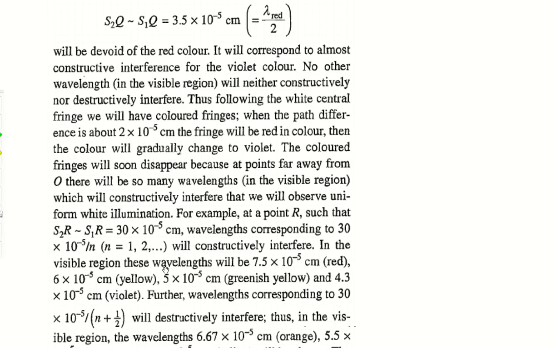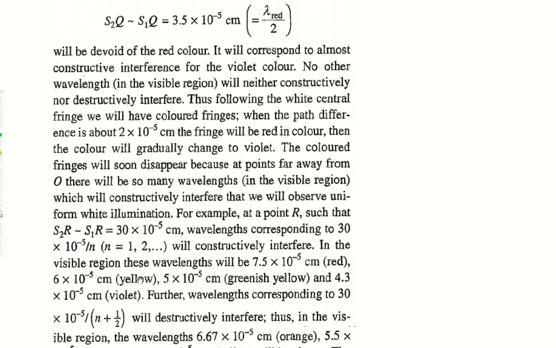So n is equal to 4, that is the fourth maxima, will be for the red light, because the wavelength 7.5 into 10 to the power minus 5 centimeter is of red. And if we put n is equal to 5, then you will get 6 into 10 to the power minus 5 centimeter, which is yellow.